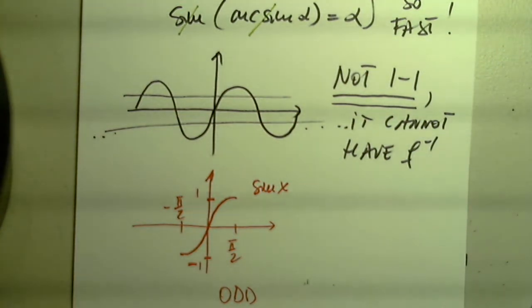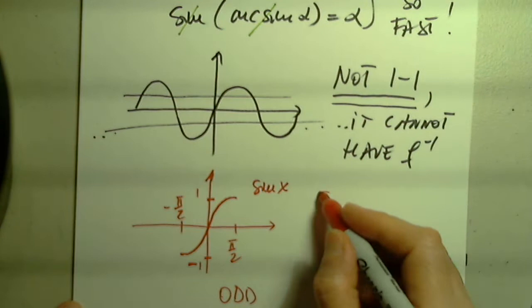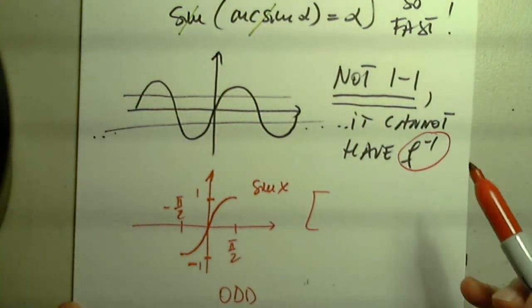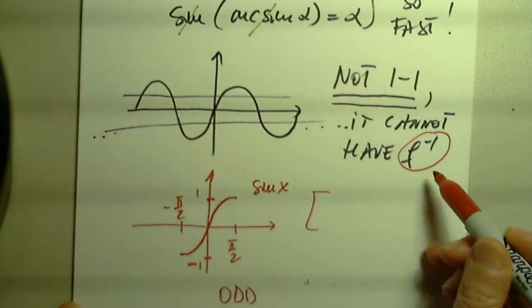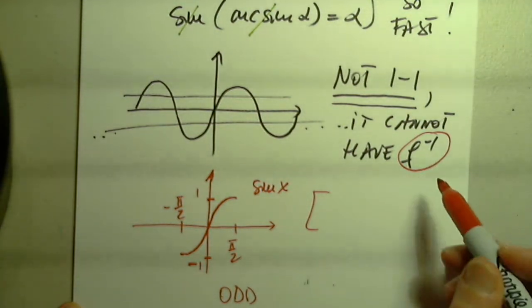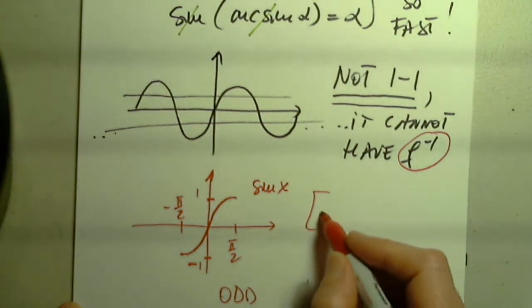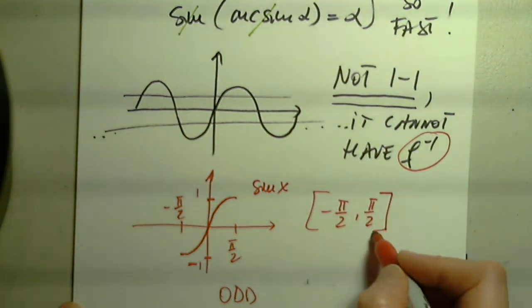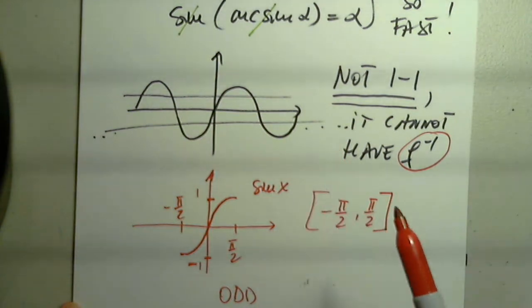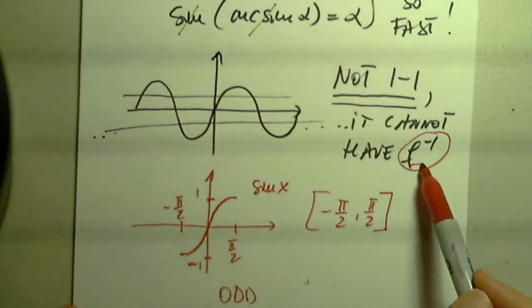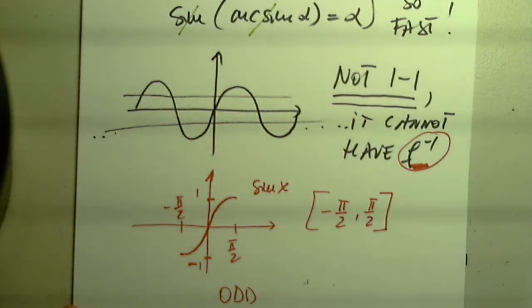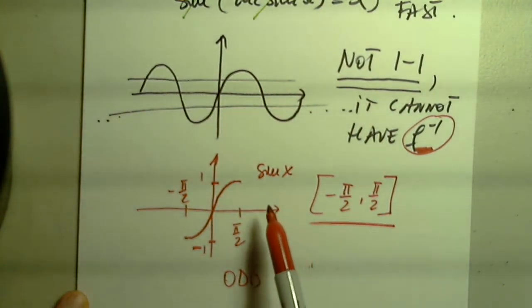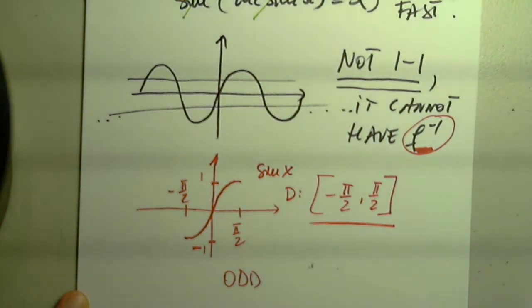So for the purpose of determining or establishing or developing the inverse function, we will say that the domain of this function is only this, which is not true. The domain is everything. But in order to have the inverse available to us, we're going to say that the domain of function sine is only this.